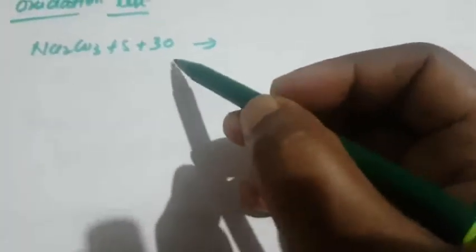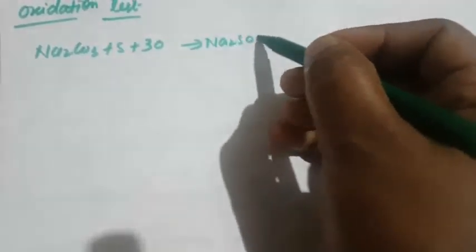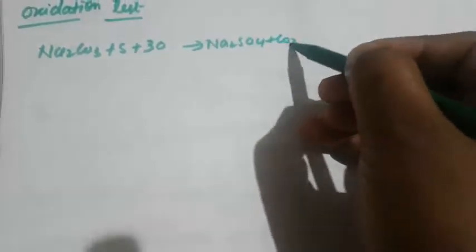Next one is the oxidation test. What is the oxidation test? The organic substance is fused with potassium nitrate and sodium carbonate. If sulfur is present, it is oxidized to sulfate: sodium carbonate plus sulfur plus oxygen forms sodium sulfate, then carbon dioxide.